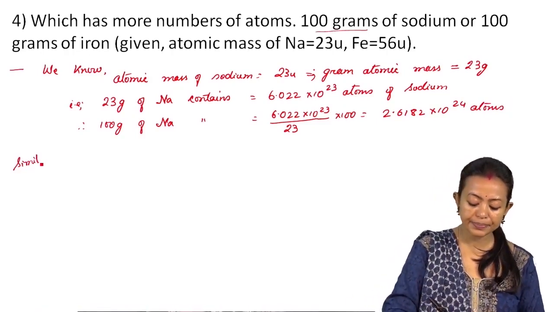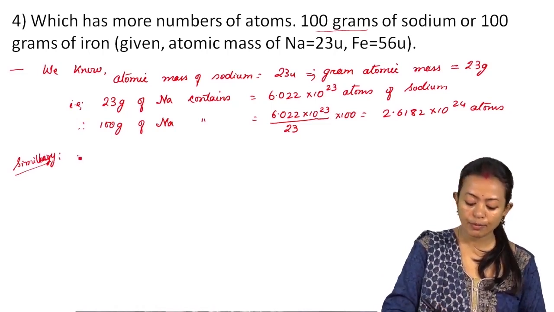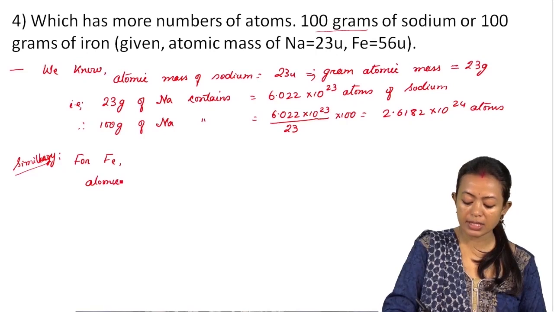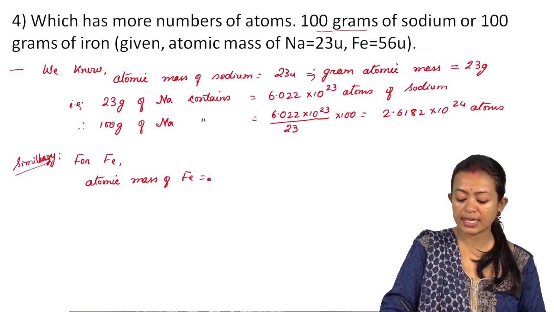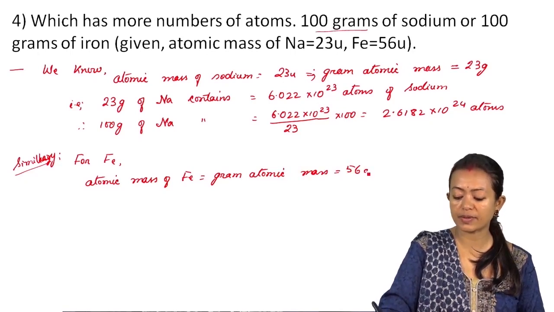Similarly, for iron, the atomic mass of iron is equal to the gram atomic mass, which is equal to 56 gram.